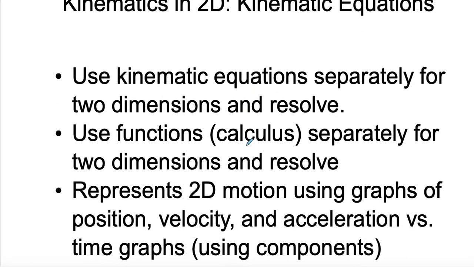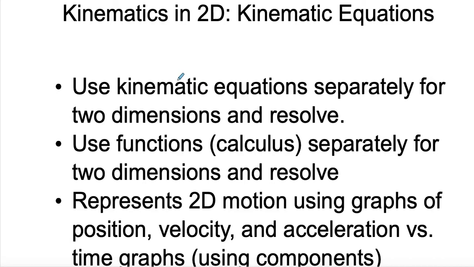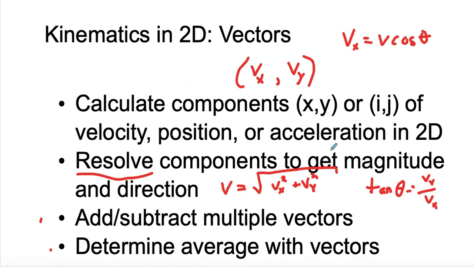And then if you need to deal with kinematic equations, you should know that you still have the same kinematic equations, but you have an x set and you have a y set of kinematic equations. Where in the x set, you have vx's, ax's, and in the y set, you have vy's and ay's. You solve those separately, and then in the end, resolve them back together using your trig identities.